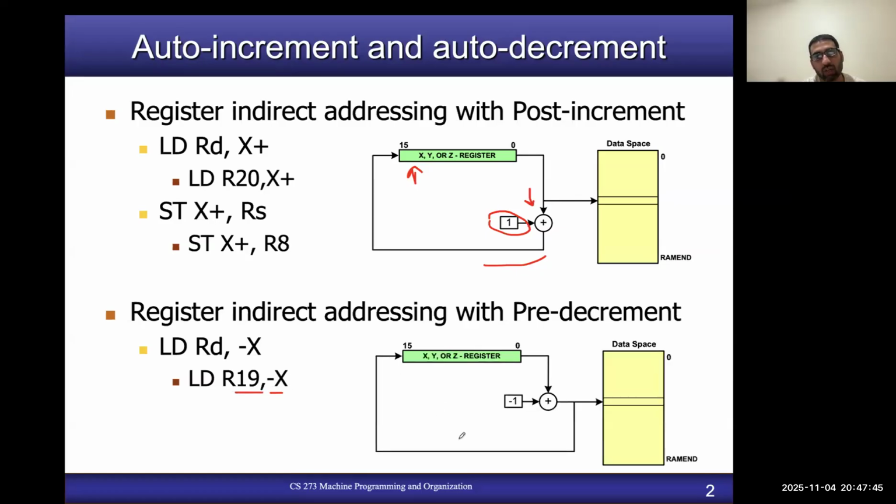So first it will be decremented by 1, and then the result is used to access the memory location, and the resulting address is also put back in the X, Y, or Z register. Is it clear?